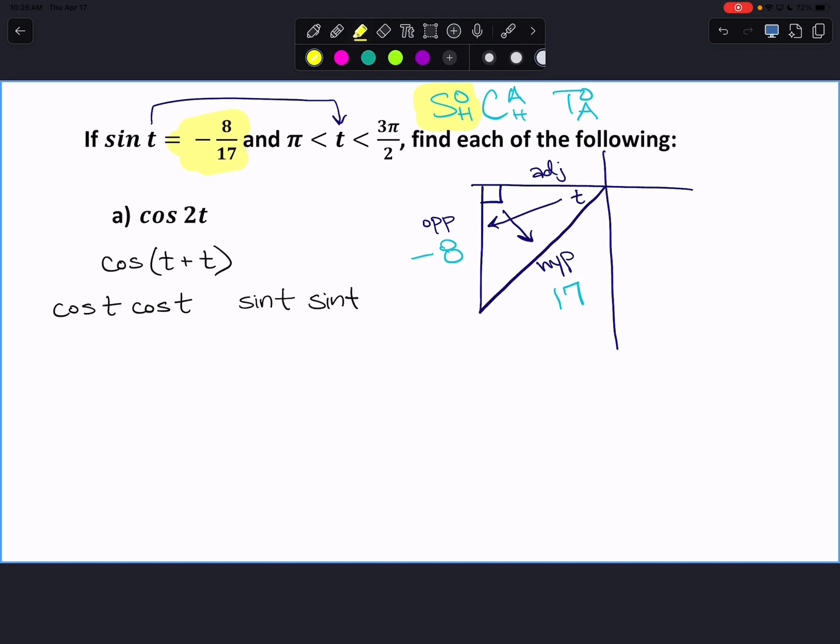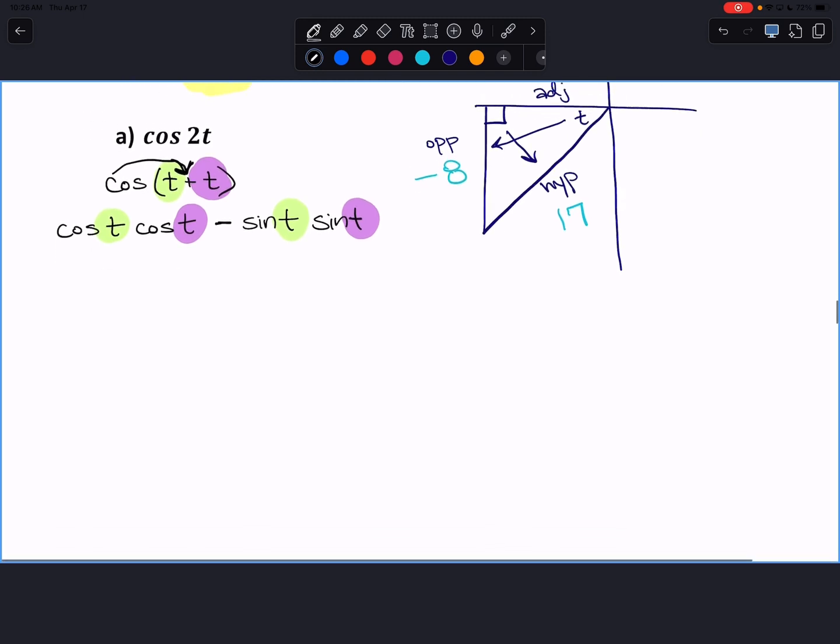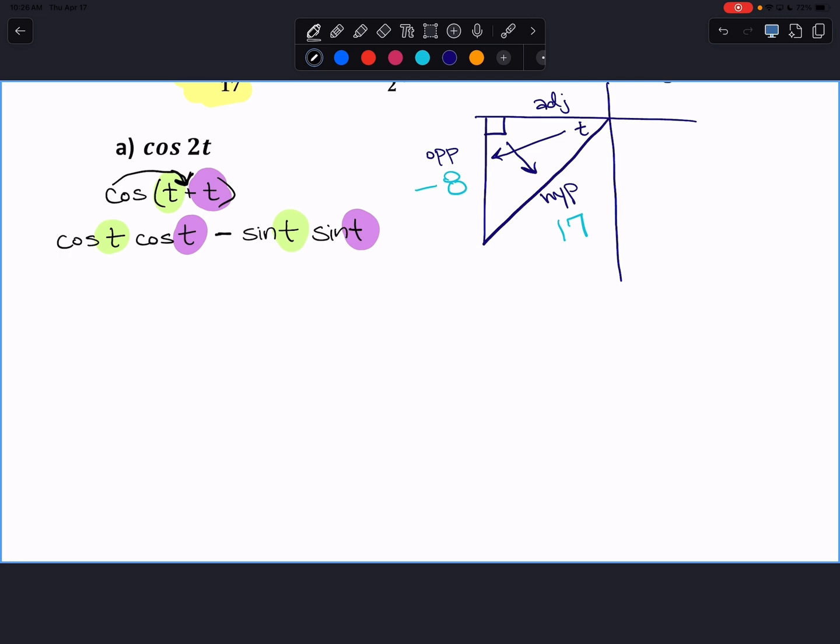They're both t's because even if I'm following that formula and I replace both of these, I'm still getting the same thing, right? And then for cosine, you do what to the sign? Change it. So I'm going to put a minus. Okay? So we can simplify here, or you can plug in. That's up to you. Okay?